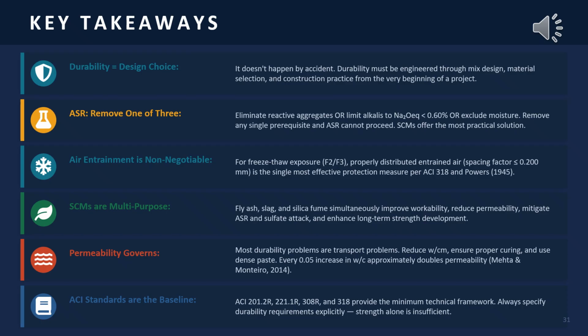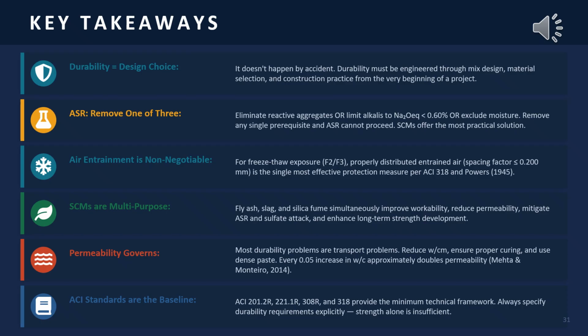Third, air entrainment is non-negotiable for freeze-thaw exposure. For F2 and F3 conditions, a properly distributed void system, with a spacing factor at or below 0.2 millimeters, is the single most effective protection measure. You cannot substitute higher strength or lower water-cement ratio for air entrainment.